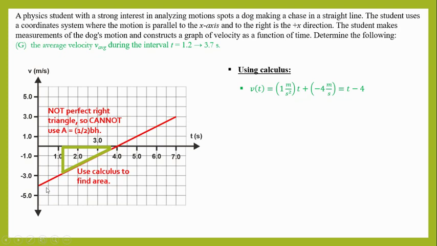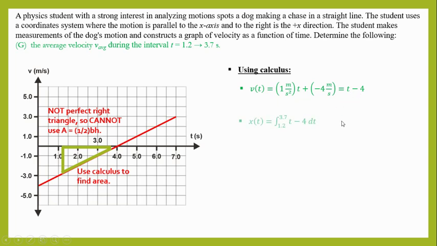So 1 over 1 is 1, so the slope here is 1. And that's your acceleration. Your independent variable here is t. And then your y-intercept, for y equals mx plus b, is -4. So that's where this function comes from. Or really, it's just vf equals at plus vi, which is y equals mx plus b. Here, 1 times t is just t, and then plus -4, that's just -4.